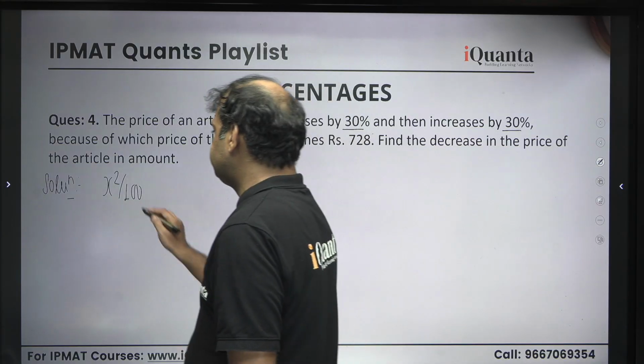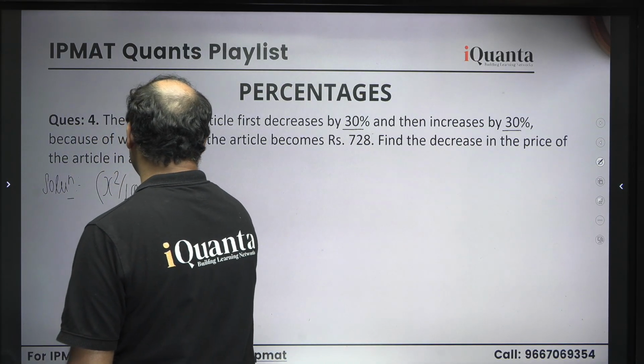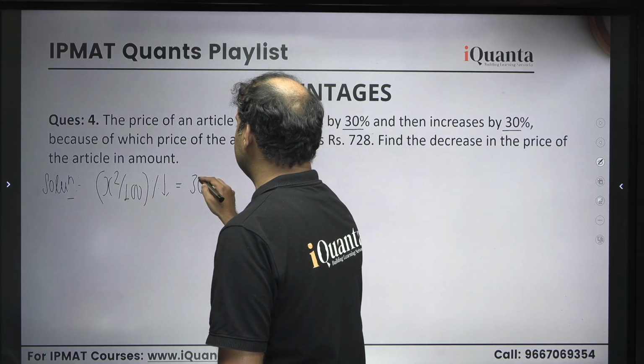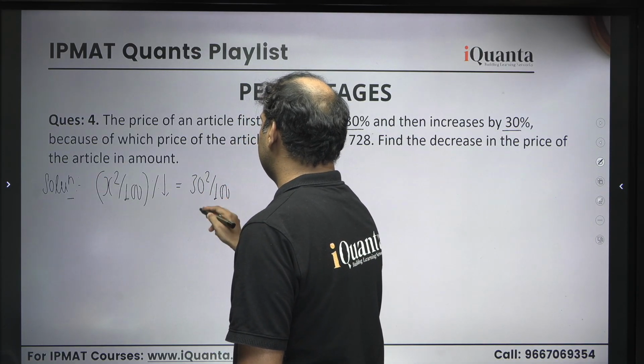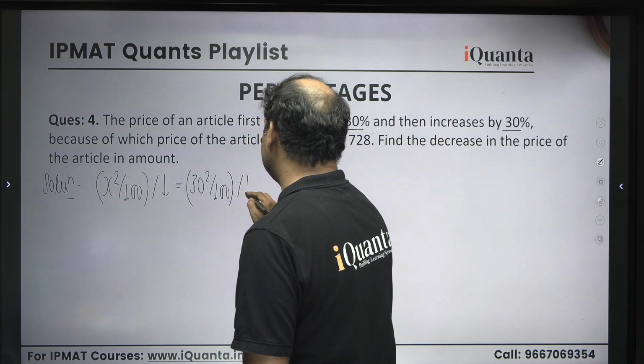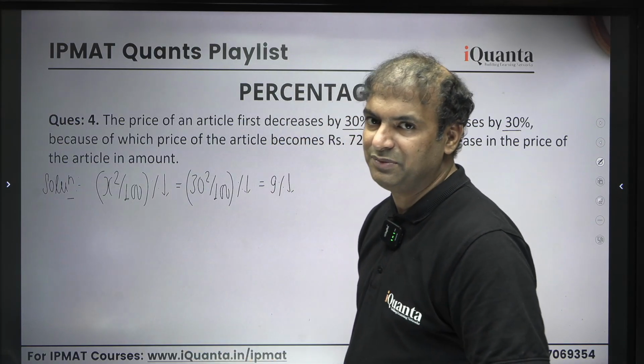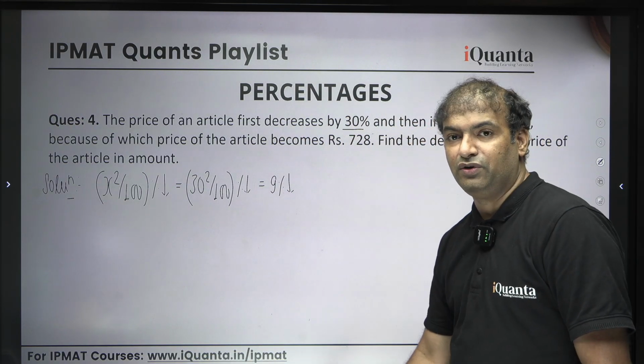Okay, so overall it must decrease by x squared by 100%. X in this case is 30, so 30 squared by 100 gives us how much? That gives us 900 upon 100, which means 9% is the decrease, right? So overall it must decrease by 9% with the help of the formula.